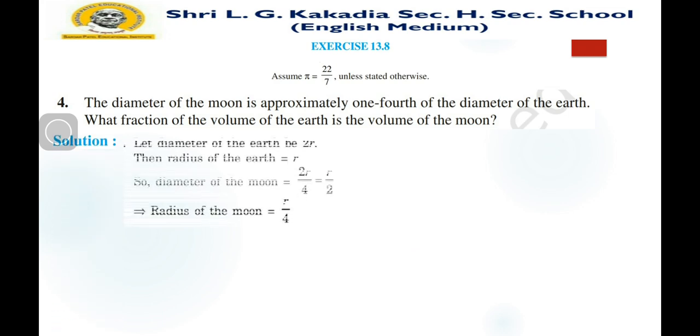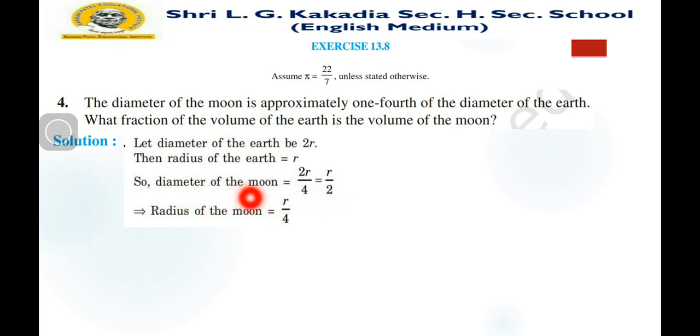Solution: let the diameter of the earth be 2r, then the radius of the earth is r. The diameter of the moon, as given, is 1/4 of the diameter of the earth, so we divide the diameter of the earth by 4, and we get the diameter of the moon as r by 2, as we have discussed.